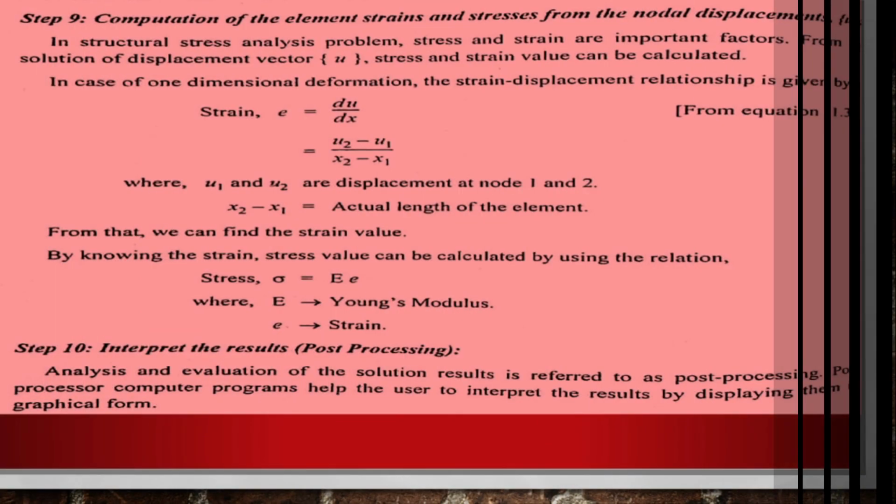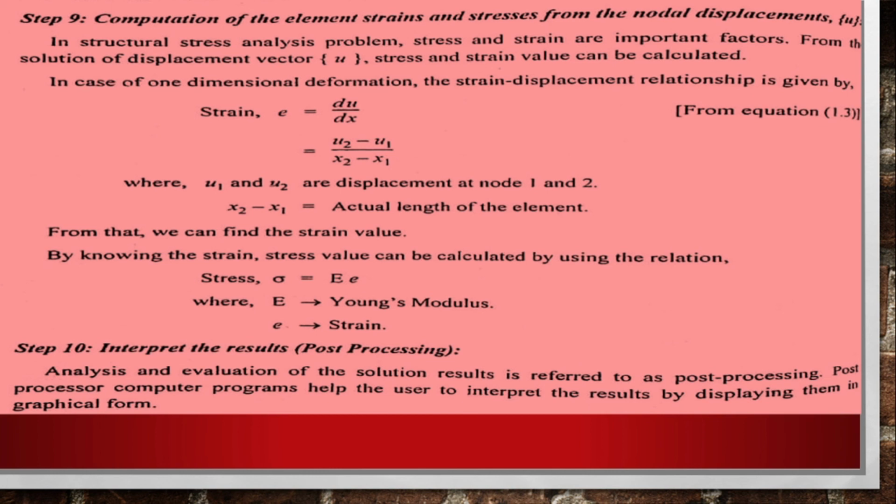In step 9, the element stresses and strains we can get from the unknown displacements, or nodal displacements. So in the previous step, we found the unknown displacements, and now we call them nodal displacements. By using the nodal displacements, we can get the strain value and also the stress value.